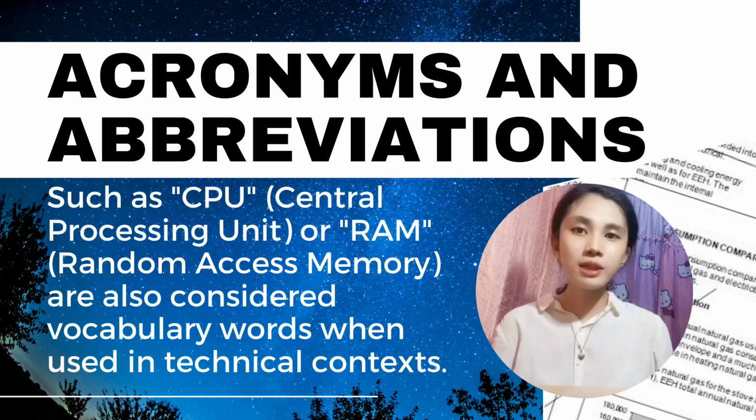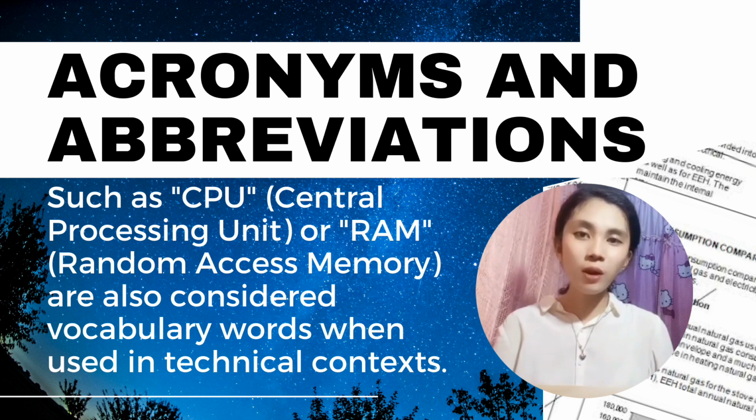Another example is acronyms and abbreviations. The shortened forms like CPU, Central Processing Unit, and RAM, Random Access Memory, are widely used in technical contexts to represent longer terms. This saves space and improves communication efficiency within a specific field.